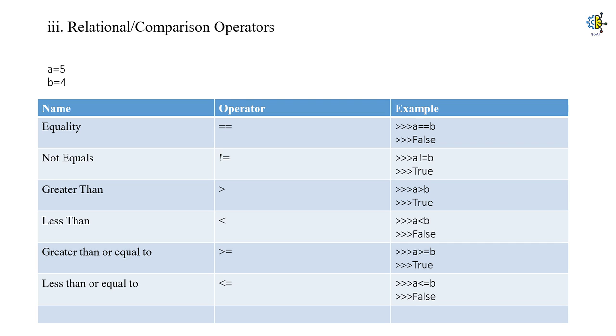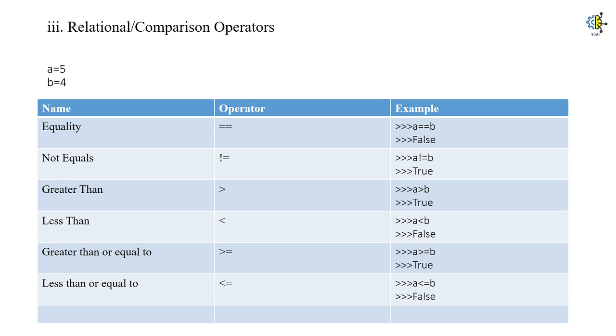The not equals operator is marked by an exclamation mark followed by an equal sign. So in the example, you can see it is simply checking if a is not equal to b.